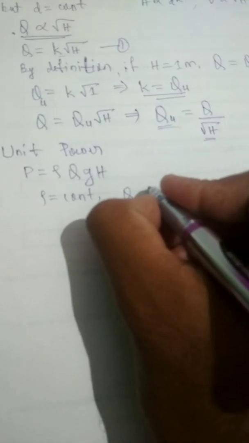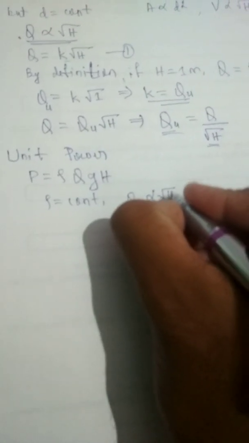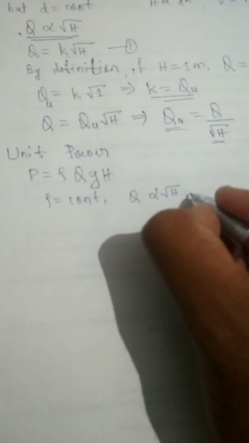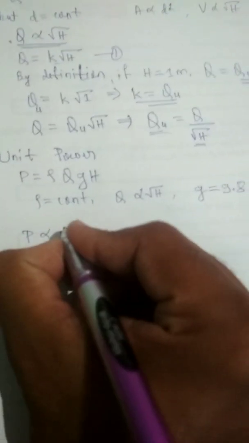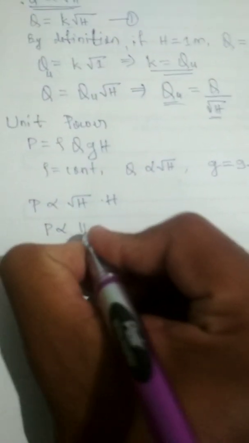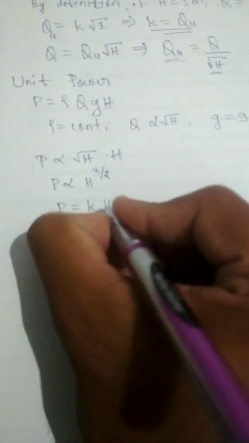Q is directly proportional to square root of H, as we just did, and g is 9.81 meter per second square, a constant. So P is directly proportional to square root of H into H. So we can write P is directly proportional to H raised to 3 by 2. Eliminating the proportionality sign, we introduce a constant K.